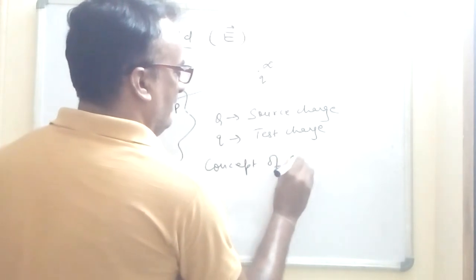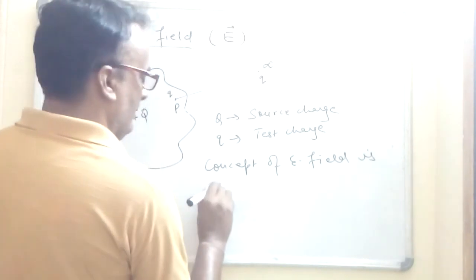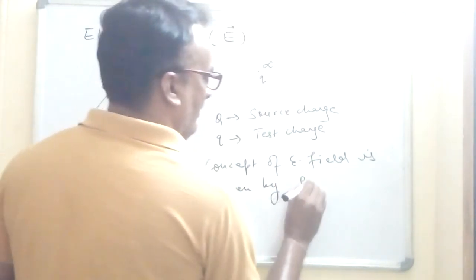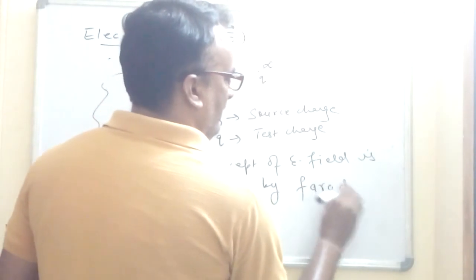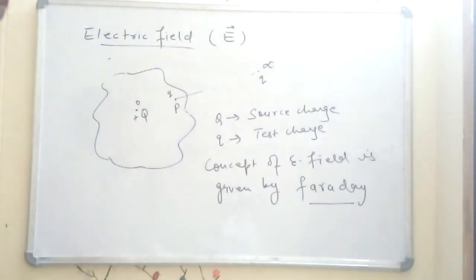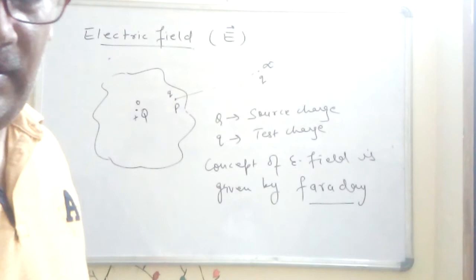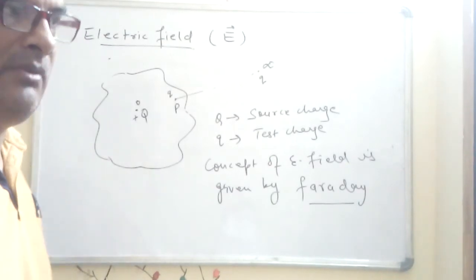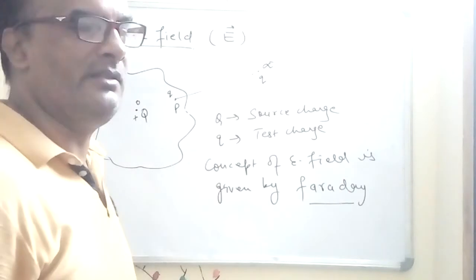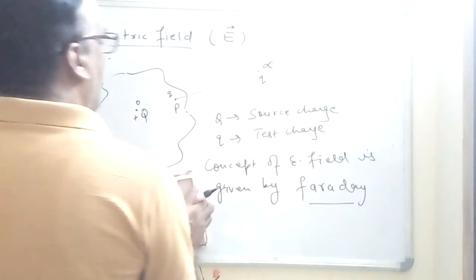Electric field is given by whom? It was given by Michael Faraday. फेराडे ने इसका सबसे पहले कंसेप्ट दिया है. We will read more about Faraday's laws ahead, and it will be more clear to you. Right now you have to only understand that the concept of electric field is given by Mr. Faraday.